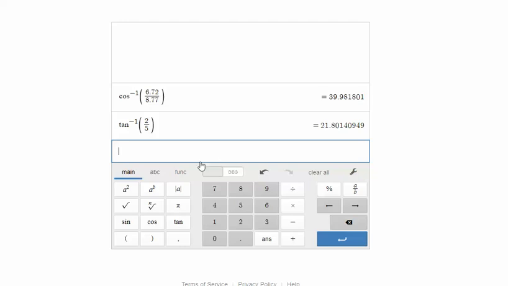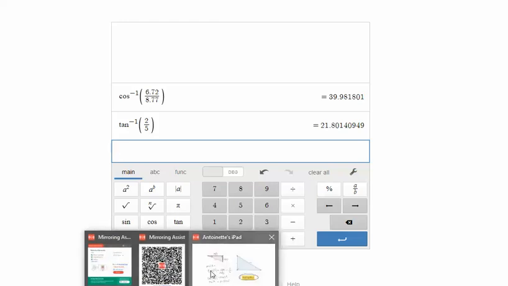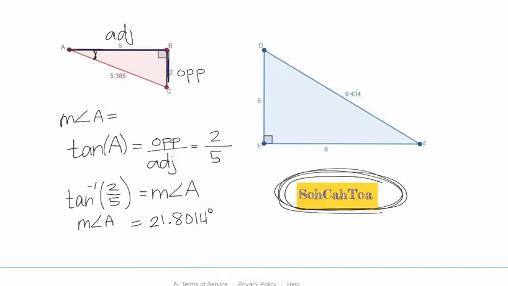So I'm going to go back to my iPad because I just wrote that down. So it is going to be a rounded answer here. So let me go back to my iPad, and I wrote it right here. 21.8014 degrees. Okay, that's the value of angle A.